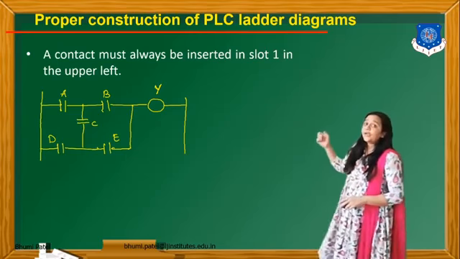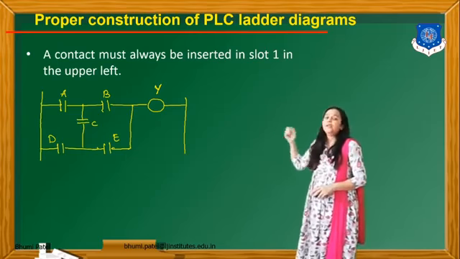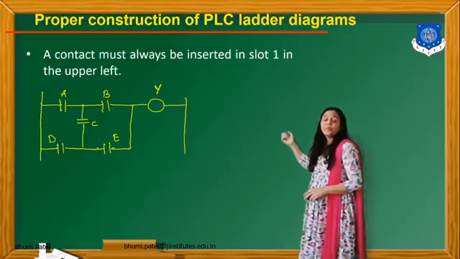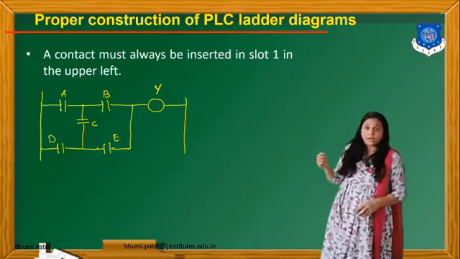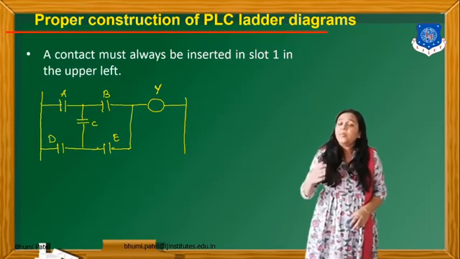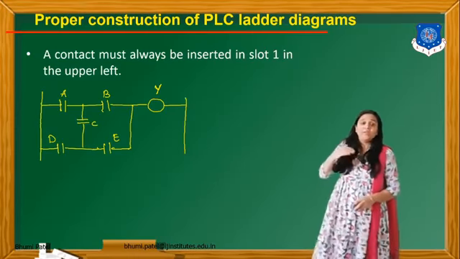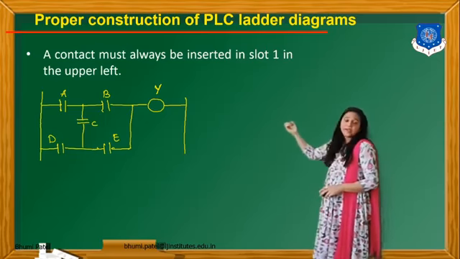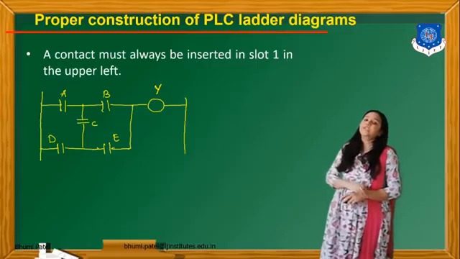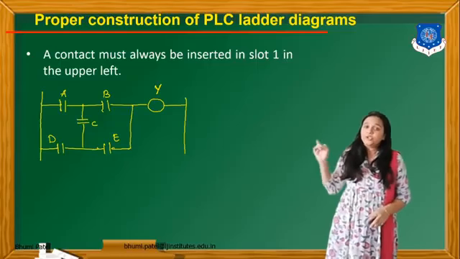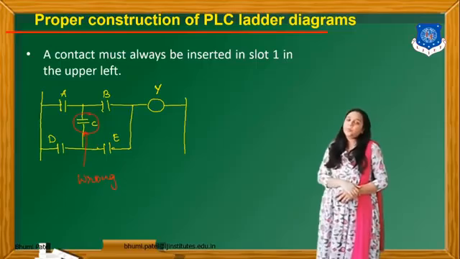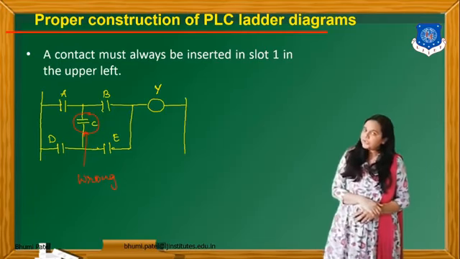So the contact must always be inserted in slot 1. That means we cannot connect the C input vertically. If we connect multiple inputs to the same output, we can connect them in series form or parallel connection. So this is the wrong method to connect the input device in the ladder logic diagram.